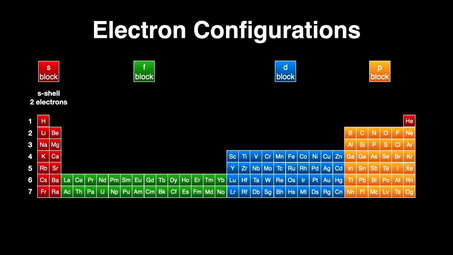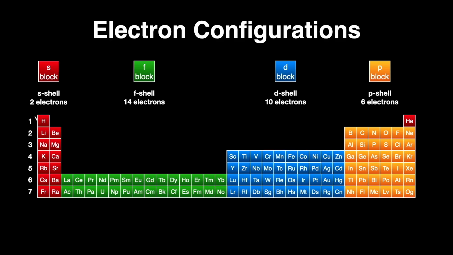An s orbital can hold only 2 electrons. The p orbital can hold 6 electrons. The d orbital can hold 10 electrons, and the f orbital can hold 14 electrons. There are arguments concerning the placement of hydrogen and helium in the periodic table, but these are really edge cases we can ignore for now. Let's look at a few examples and how the atom's electron configuration is notated.